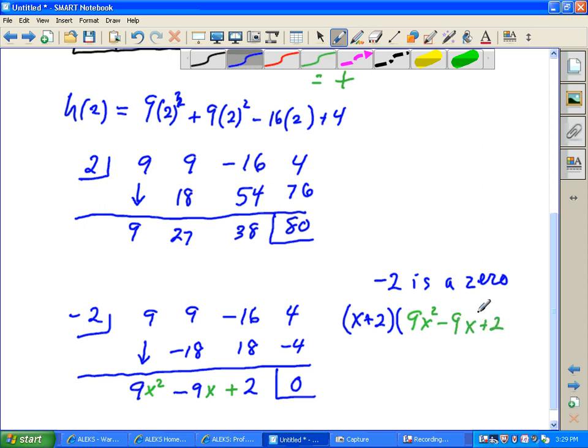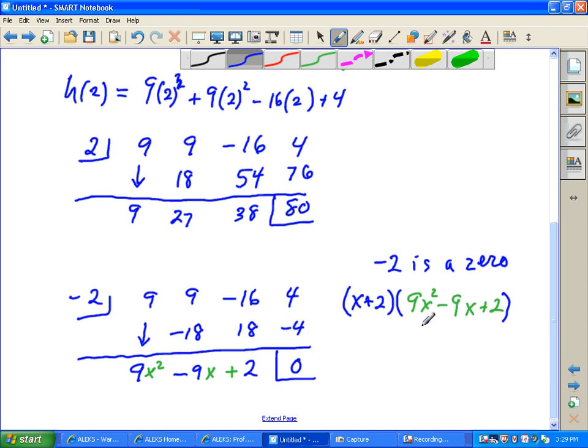That's our other factor. And once we have one of the factors giving us one of the zeros, to find the other two, isn't that a quadratic? 9x squared minus 9x plus 2. So can't we find the last two either by factoring that or using quadratic formula?